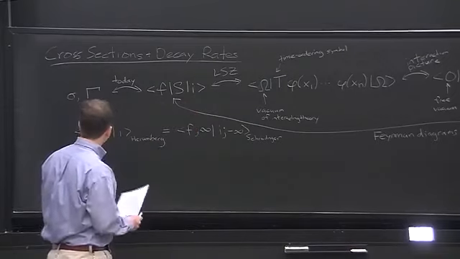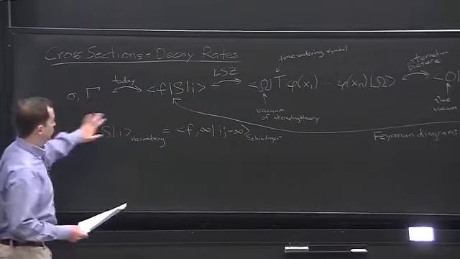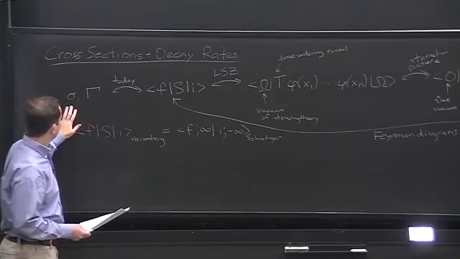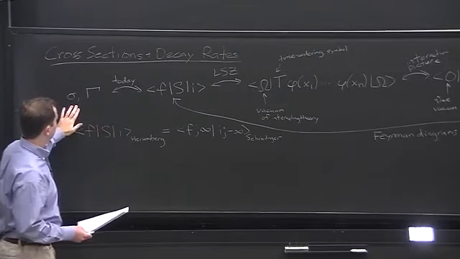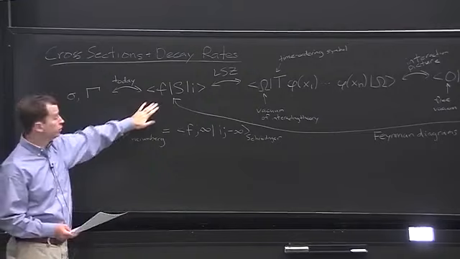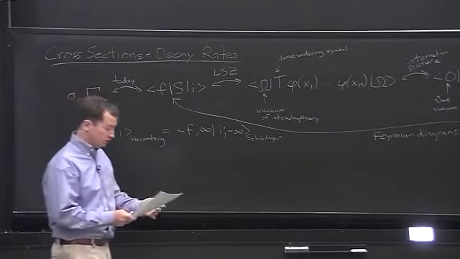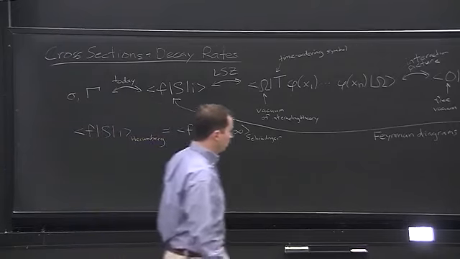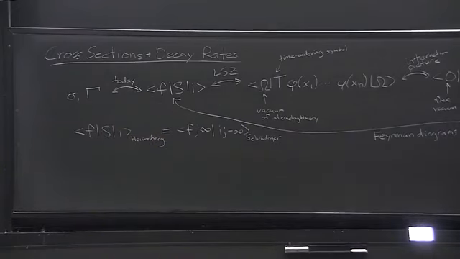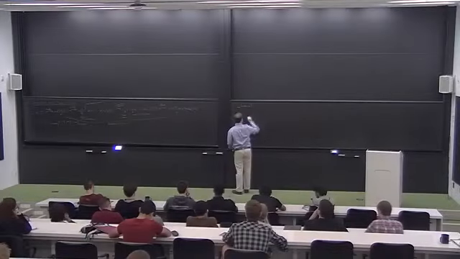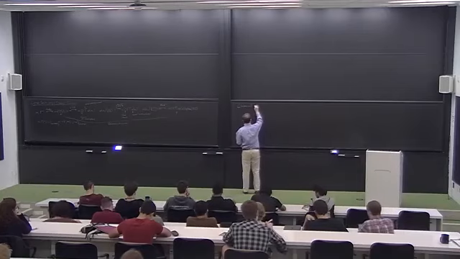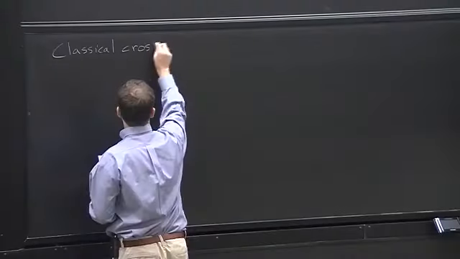So today we're going to focus on this first step, relating these amplitudes, S matrix elements, to cross sections and decay rates to measure in the lab. And well, first of all, I'd like to remind you a bit about what a classical cross section is.